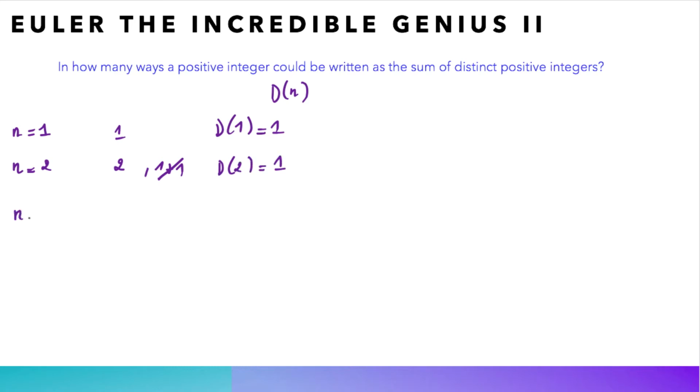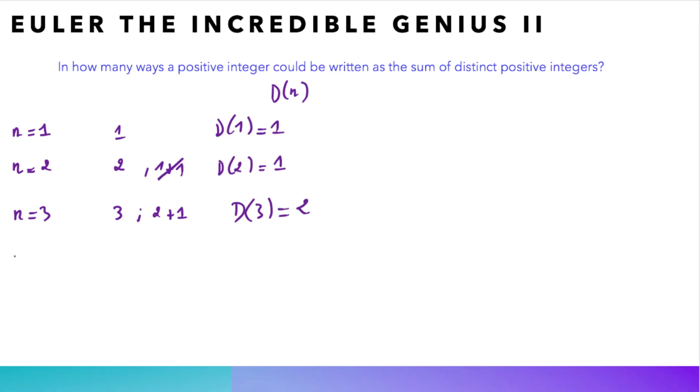Now, if n is equal to 3, one can write 3 as a 3, or as a 2 plus 1, or as a 1 plus 2, but that's the same thing, or as a 1 plus 1 plus 1, but we cannot take 1 plus 1 plus 1 because the integers are not distinct. So d of 3 is equal to 2.